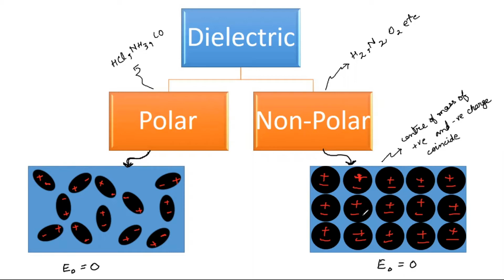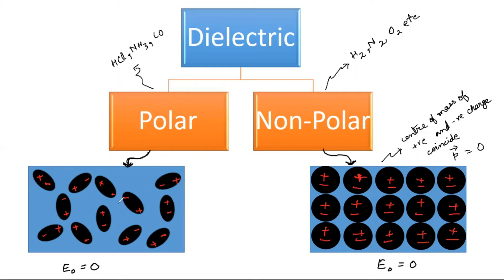Because of which you don't have any dipole moment. So when there is no external electric field, when this dielectric substance is not given any electric field, the dipole moment value of this substance is 0.